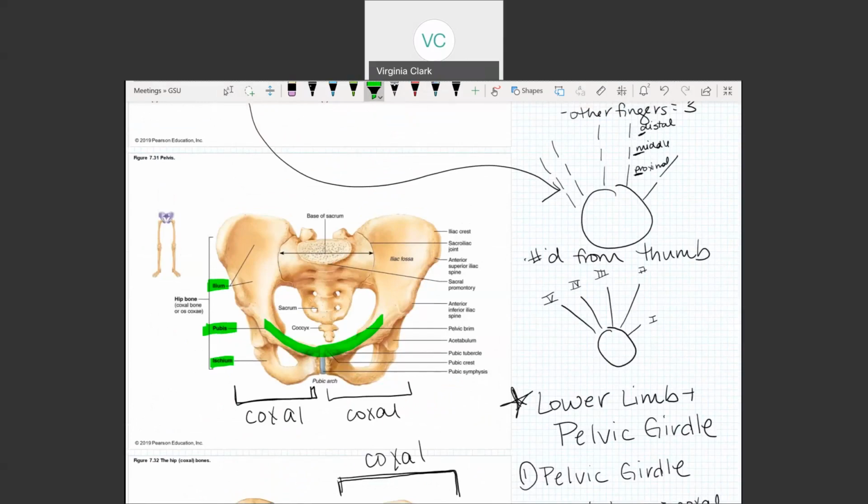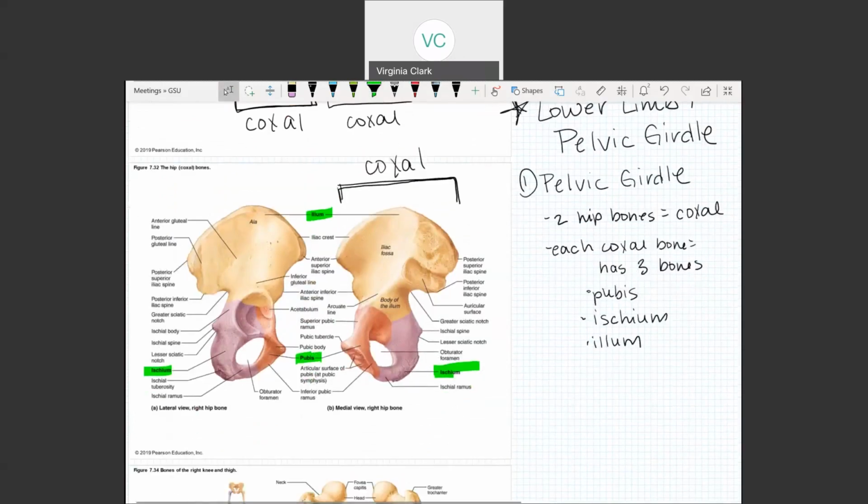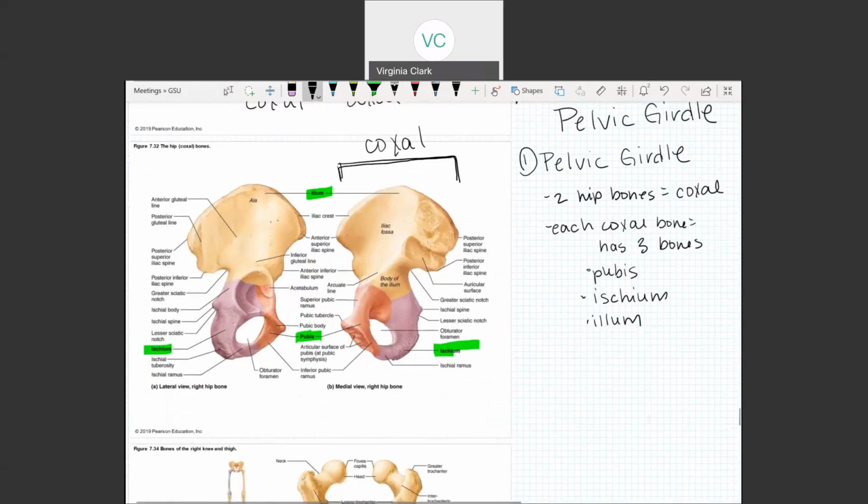So essentially it's top, front, bottom: the ilium, the pubis, and the ischium. That's how it is made up, and they are 3 bones that are all fused together. Okay, so that is the pelvic girdle.